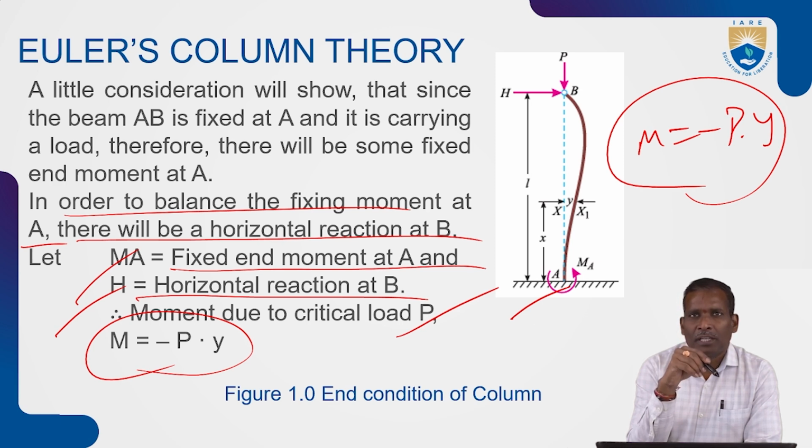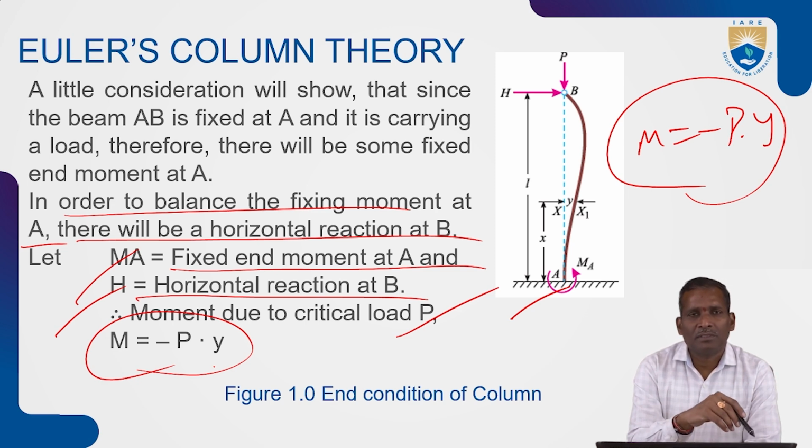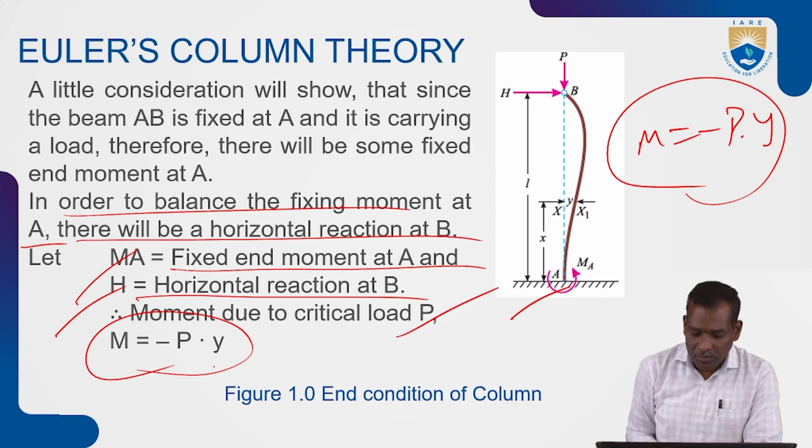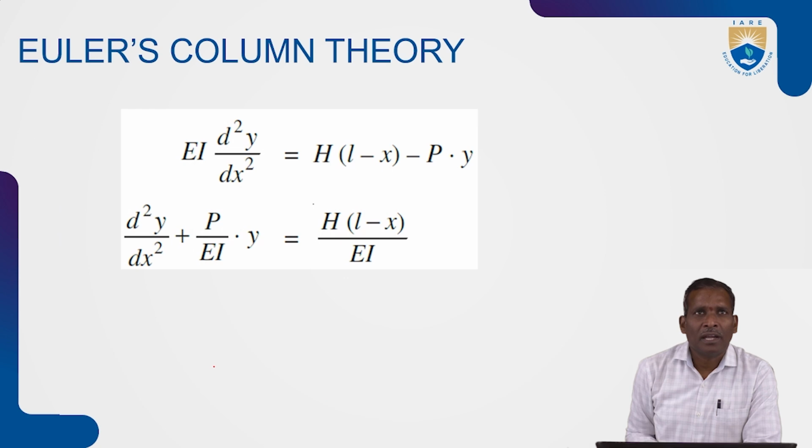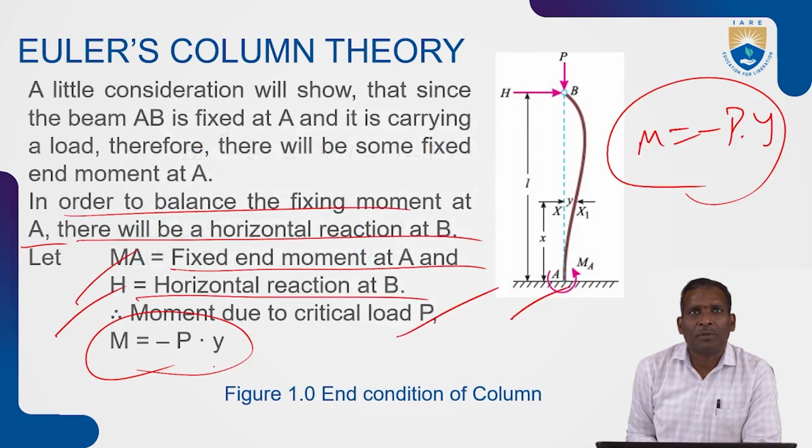The moment due to critical load is negative. For convexity and concavity, negative and positive signs we have already used in the previous condition. So here also apply the same procedure and find the Euler's column theory buckling load equation when one end is fixed and the other end is hinged.